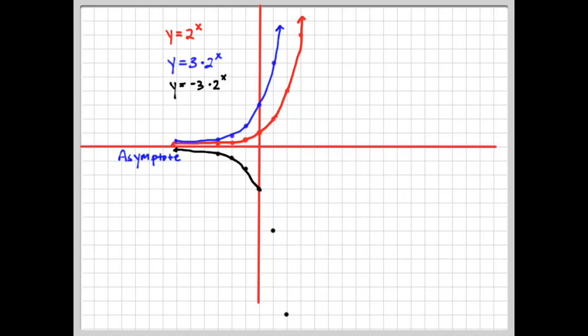And a vertical stretch, because it's still steeper than the other equation. So y equals 3 times 2 to the x was just a vertical stretch.